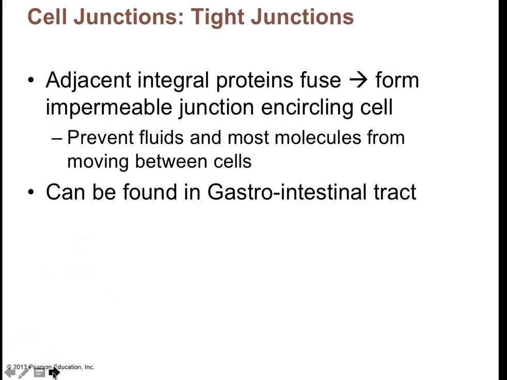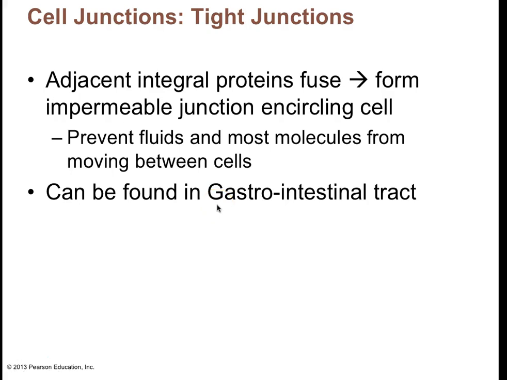So the first one is a tight junction. As the name implies, it's going to be proteins that bind very tightly to each other, cell to cell. And here we have an example of the cells lining the gastrointestinal tract.